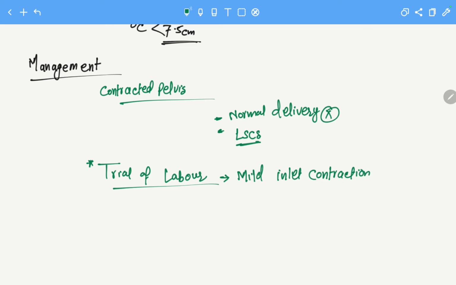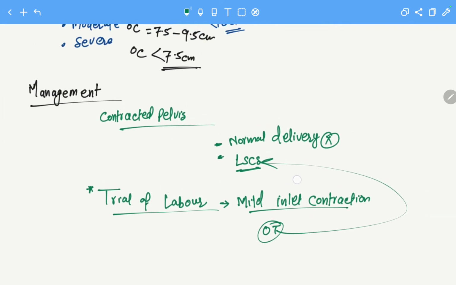For mild inlet contraction we can do trial of labor. Okay, but for the trial of labor we are supposed to keep the OT ready, so if there is any problem then we can go again for LSCS, right?